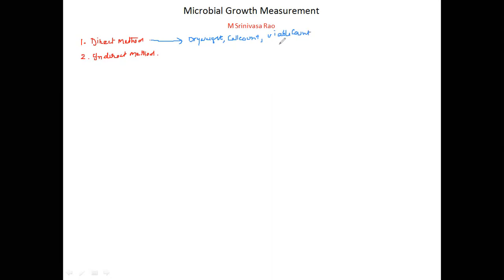These are the methods through which we can measure the microbial growth.